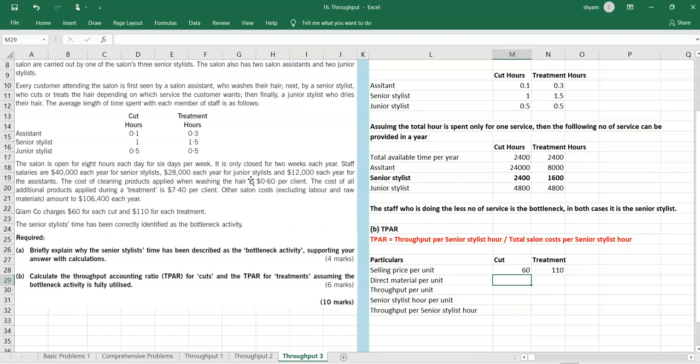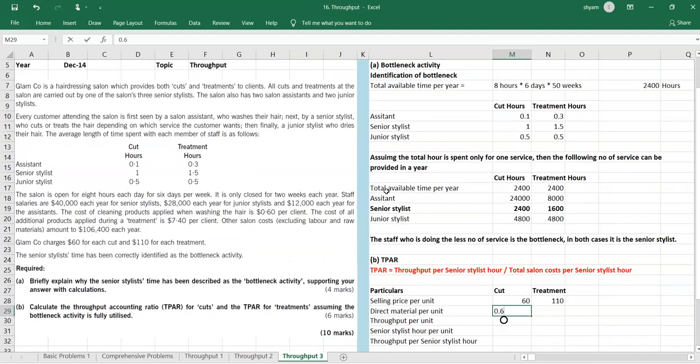The cost of cleaning applied when washing the hair is 0.6. The cost of all additional products applied during a treatment is 7.4. So even if you want to have a cut, the hair has to be washed.